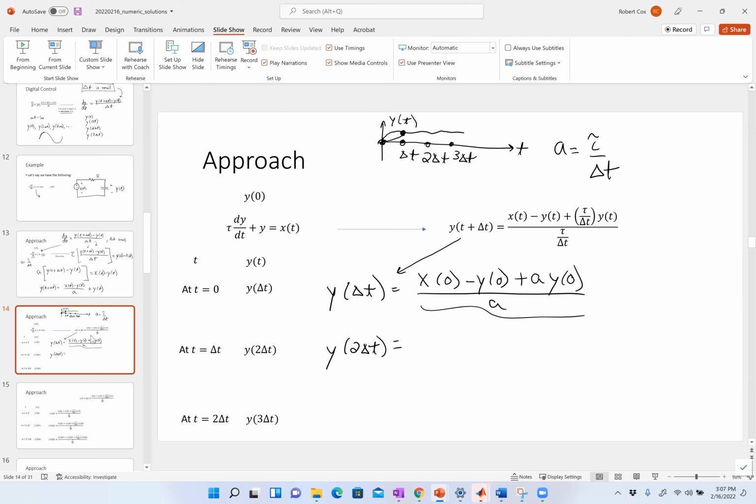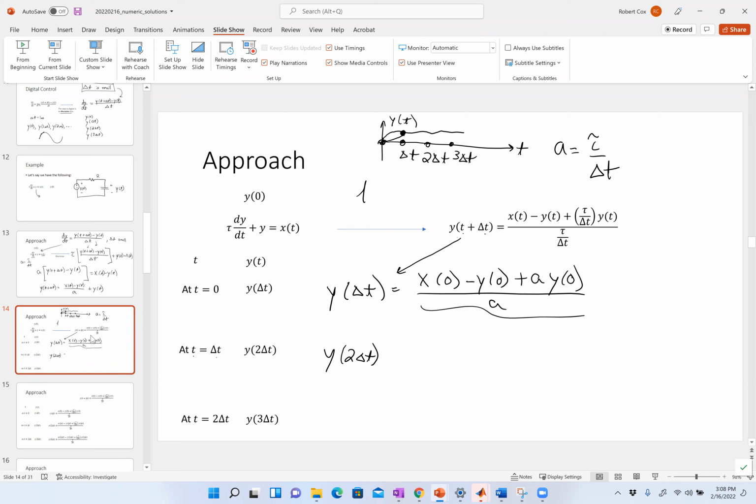Well, I wouldn't double the whole equation. What I would do is plug in t equal to delta t into that expression, so I get y of 2 delta t.